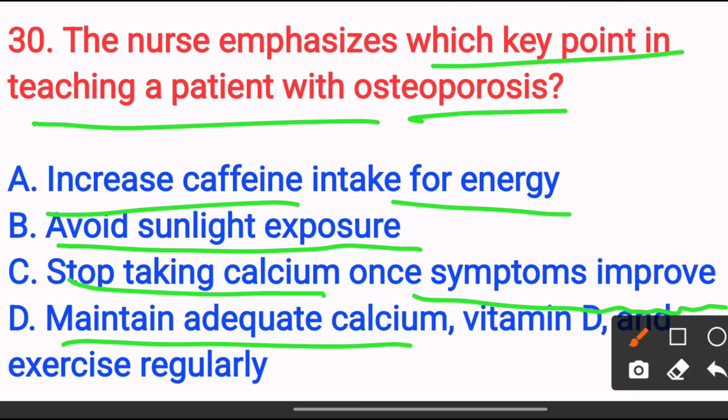Option D, maintain adequate calcium, vitamin D and exercise regularly. The answer is option D, maintain adequate calcium, vitamin D and exercise regularly. Long-term management focuses on nutrition and weight-bearing exercise to preserve bone strength and prevent the fracture.